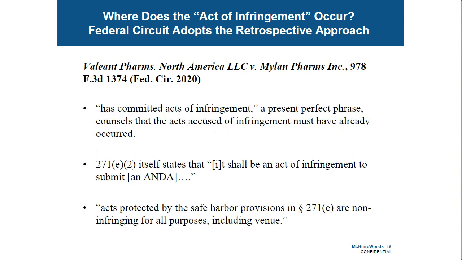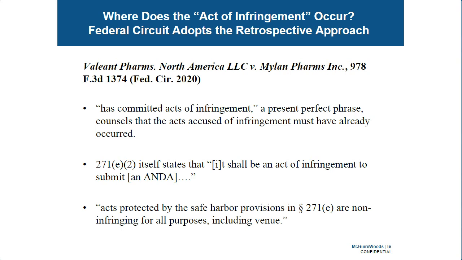And the rationale goes like this. The statute says past committed acts of infringement. So the Federal Circuit says this is a present perfect phrase, which counsels that the acts accused of infringement must have already occurred. So if you're going to be talking about selling the product, which will be occurring in the future, that's not what the statute is saying, because the statute says has committed acts of infringement.